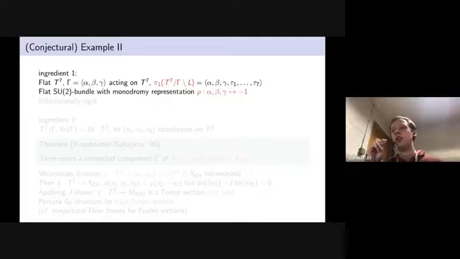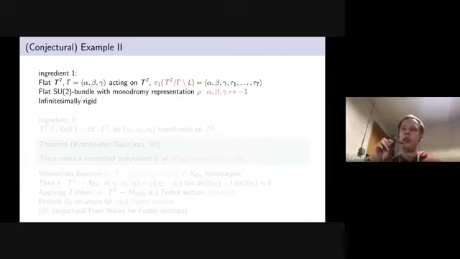Then there exists a flat SU2 bundle with some prescribed monodromy representation, and we can, for example, prescribe the following monodromy representation. We want that alpha, beta, gamma are sent to -1, and everything else is sent to 1. Then one can check again through a calculation that this guy is infinitesimally rigid.